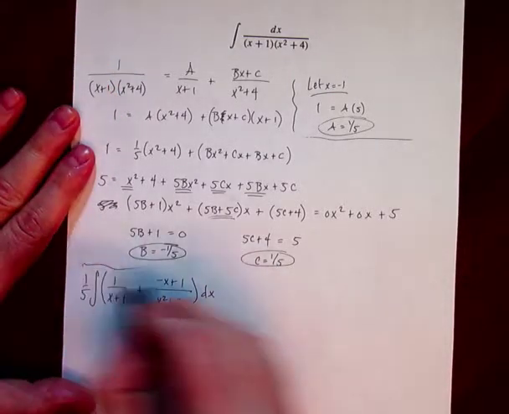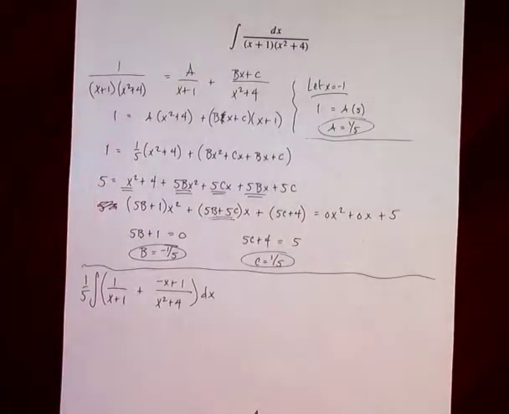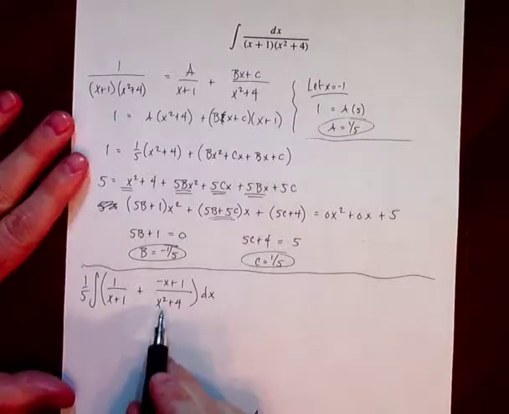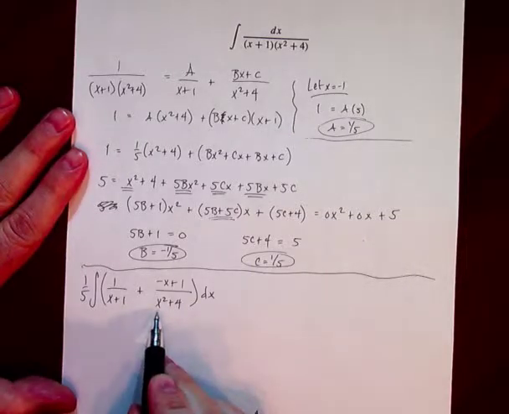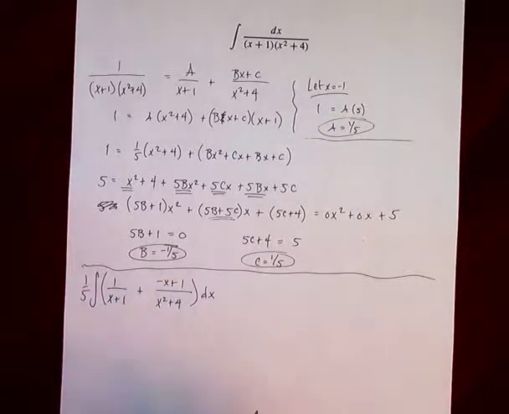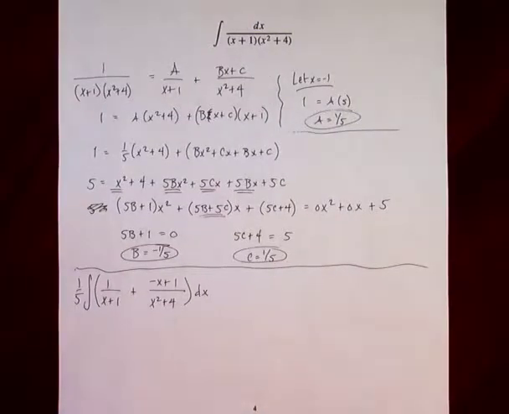Now, in one of the previous ones that we had, when we had an irreducible quadratic, we had a numerator that just magically was also like a factor of 2 away from being the derivative of the denominator. That is not the case here. And so what we need to deal with is the fact that we're going to have to separate this fraction.